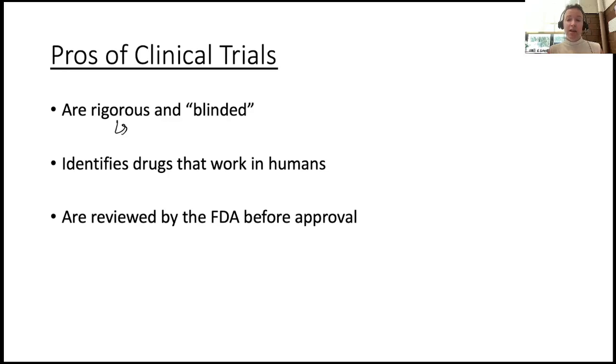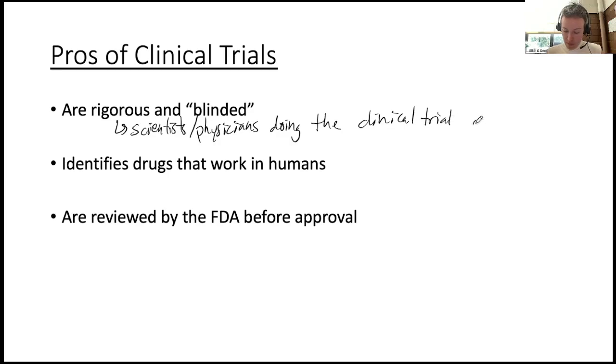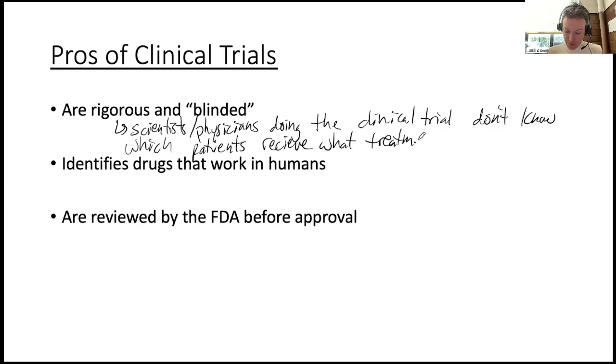This means oftentimes the scientists performing the clinical trial don't know what drugs the patients are being given. And this is incredibly important.